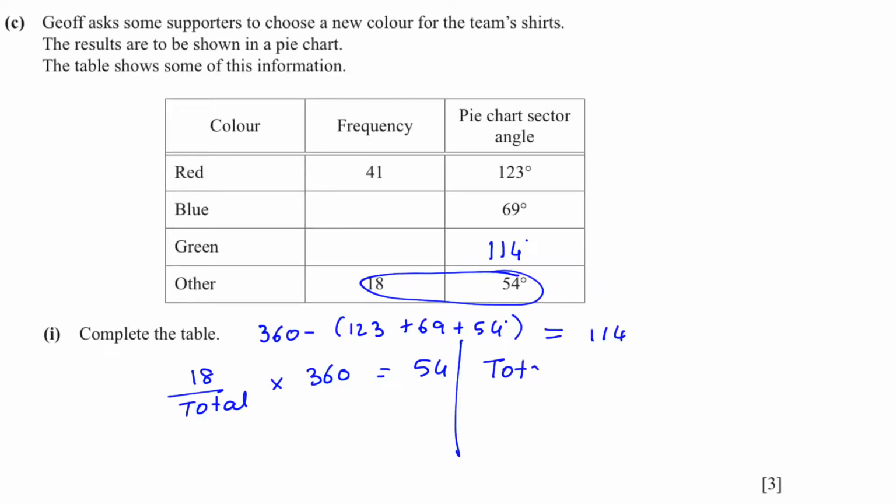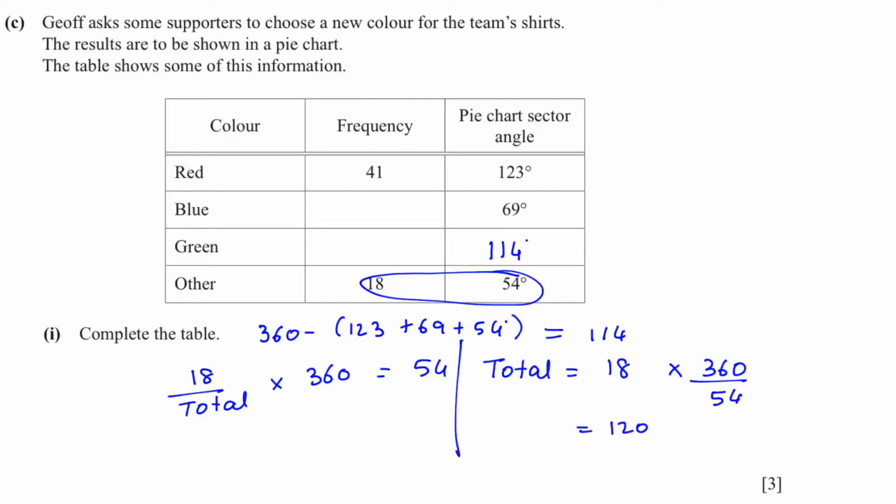Therefore, total is equal to 18 multiplied by 360 divided by 54. How did we get that? This is a divide. When I bring it here, it will become multiply. This is in the numerator. When I bring it to the other side, it will become a divide. And this will give us 120.